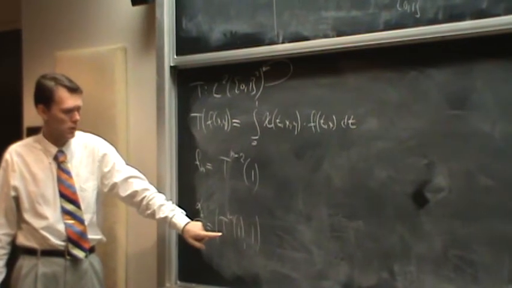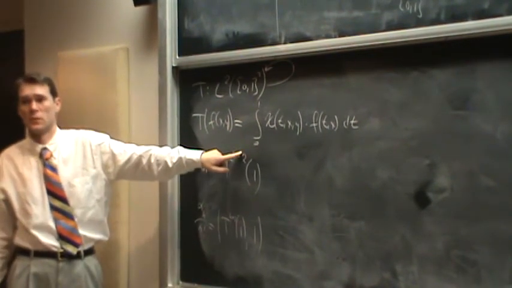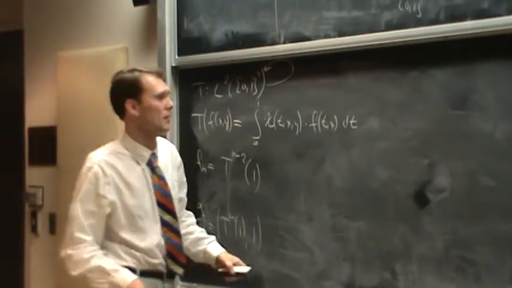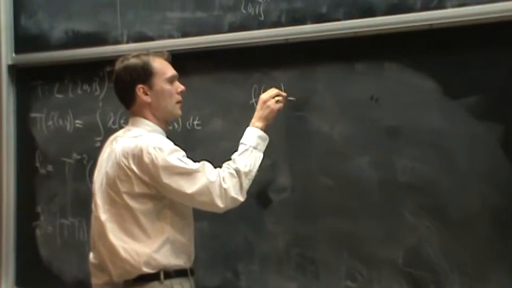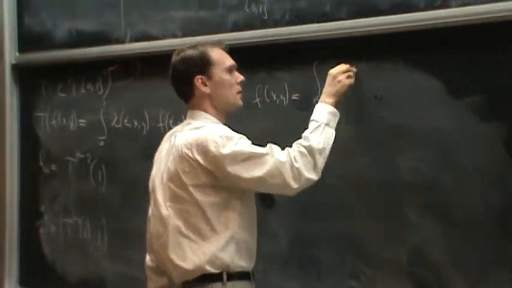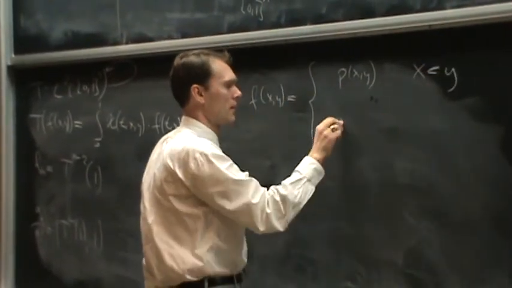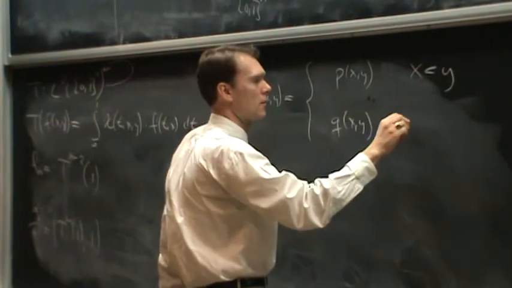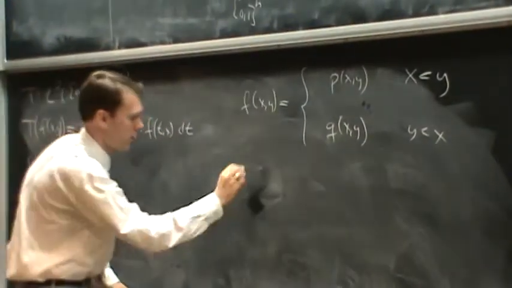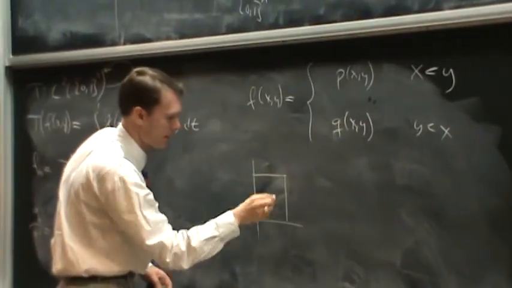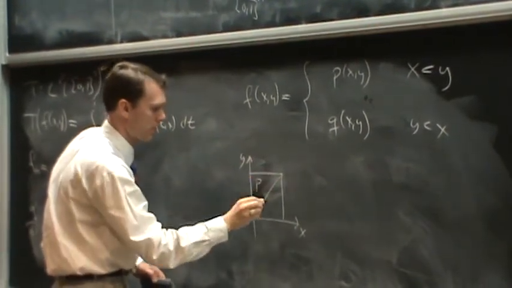But before we start looking at that, let me make this operator a little more explicit. Namely, let me say that the function, let's divide it up in 2 pieces: p of x, y for x less than y, and q of x, y for y less than x. I know it's a function on the unit square, and I'm just cutting it here along the diagonal, with the p function on one side and the q function on the other.